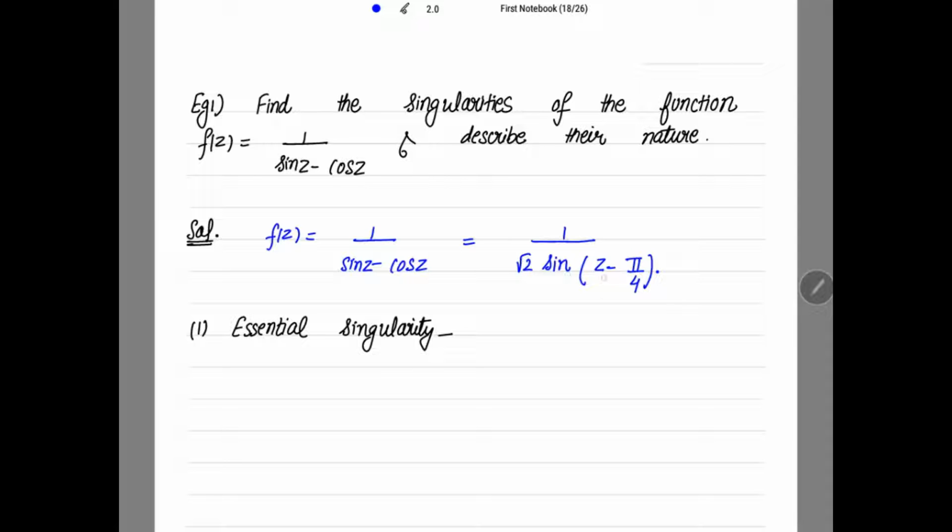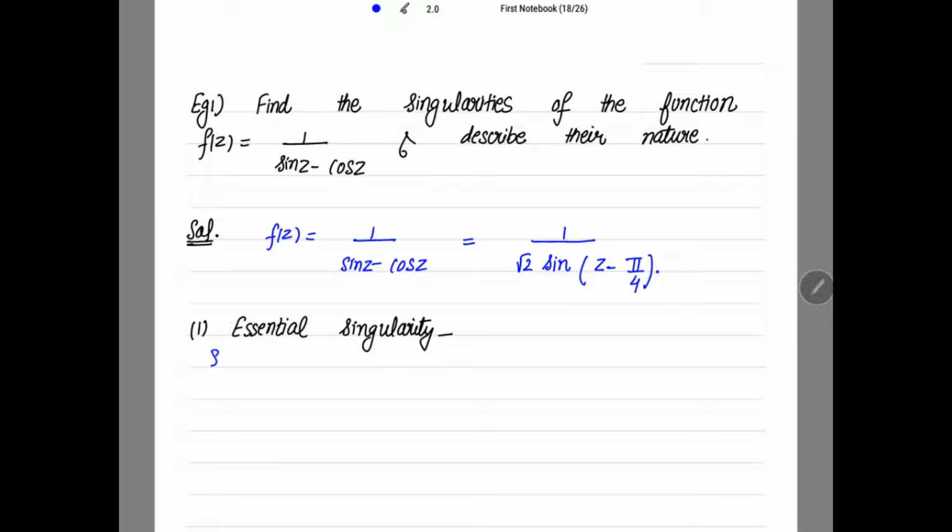Now here, if you take z tending to infinity, then we know that sine of infinity is not defined, and this function is not defined at z equal to infinity. So can I say that z equal to infinity is my essential singularity of this function? Yes, because at z equal to infinity the function f(z) does not exist.